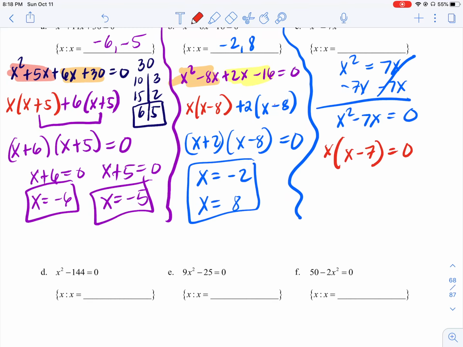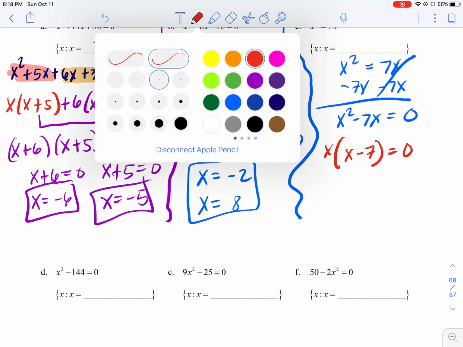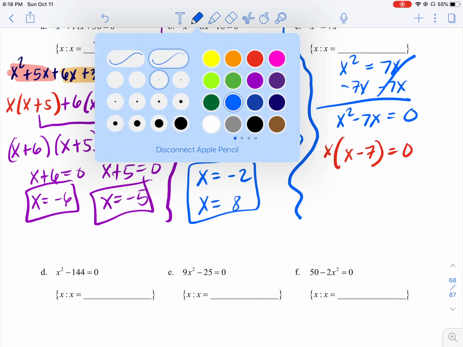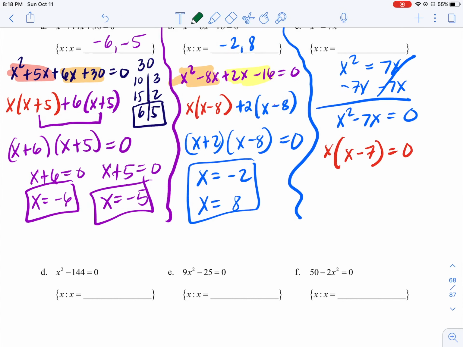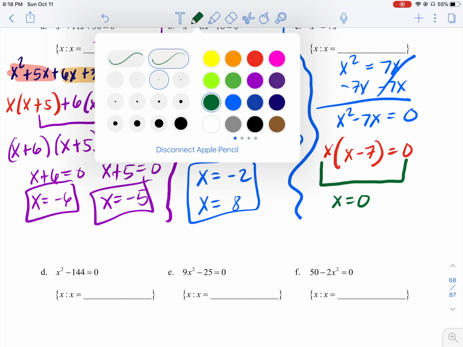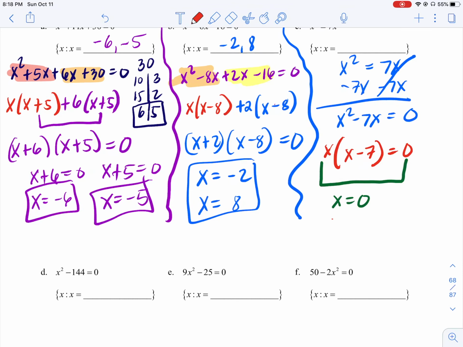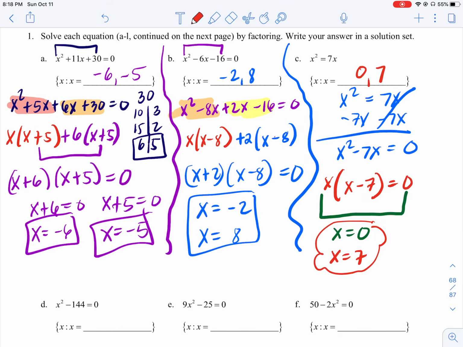First, let me show you this one. A lot of people get confused about this part. That means x is equal to 0, isn't it? So we have x is equal to 0 as one of the answers, and the other one is x is equal to +7. And I hope that was not confusing.